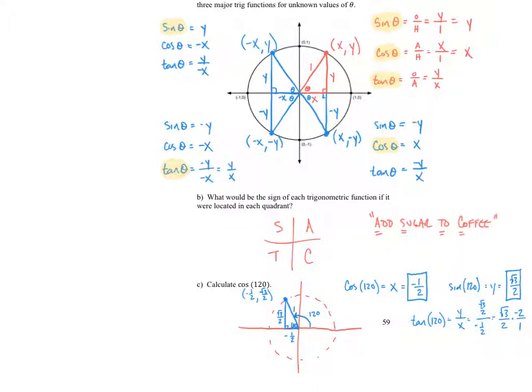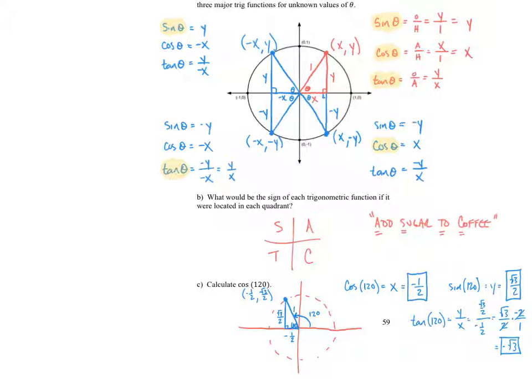Remember that when we're dividing by a fraction, I would much rather multiply by the reciprocal of this fraction to make things a little easier on myself. I'm going to cancel these 2's because 2 divided by 2 is just 1. So this is going to leave me with negative radical 3 over 1, which is just negative radical 3. So tangent of 120 degrees would be negative radical 3.